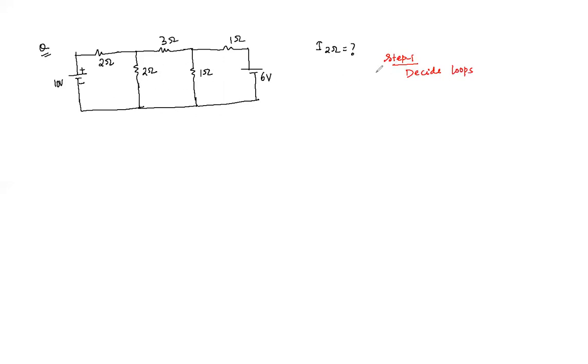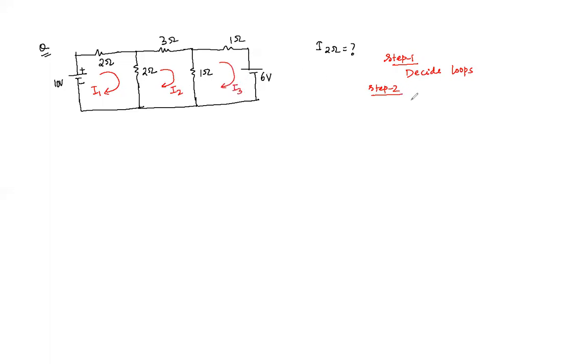Whenever you are deciding the loops, step 2 is to remember to take the current in each loop in the same manner. That means if I'm taking it in clockwise manner here, then here also you take it clockwise, and here also clockwise, or anti-clockwise, but uniformly. That means if I take the currents as I1, I2 and I3, the sense of the currents must be in the same direction.